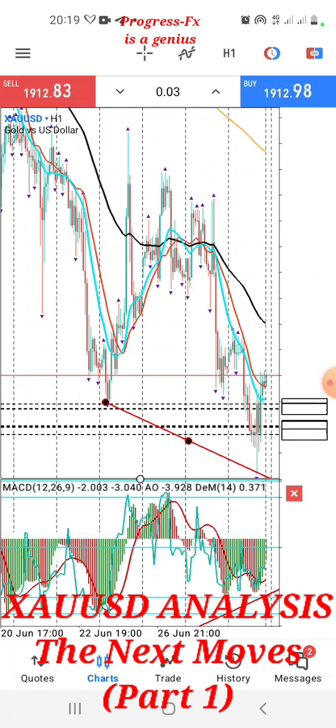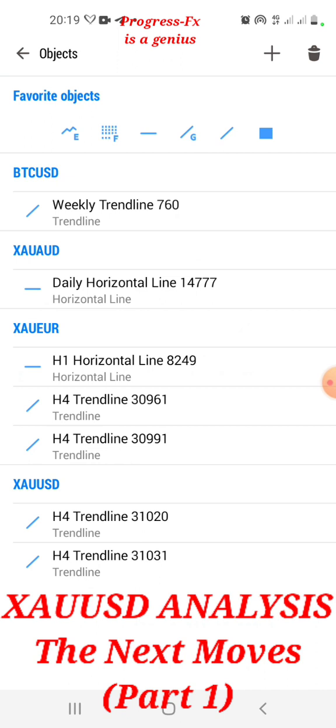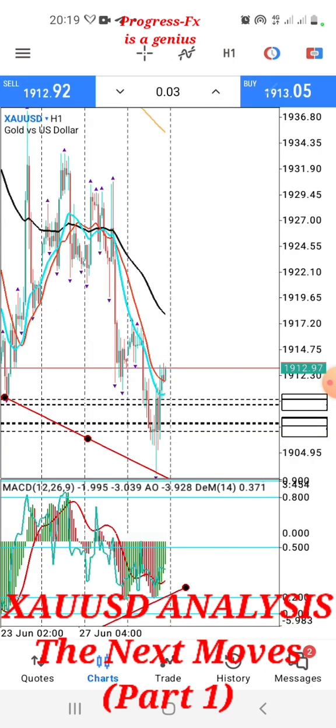So what am I trying to say? Let me use arrow lines to indicate what I mean. This is something like this.